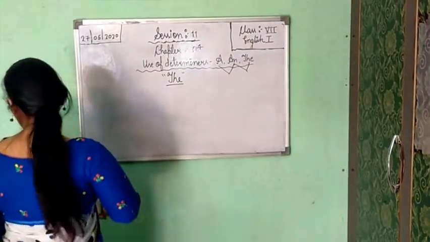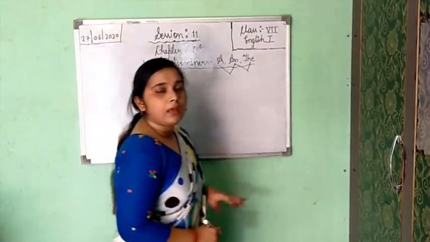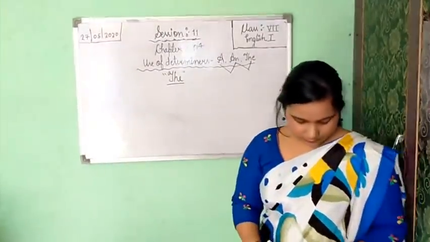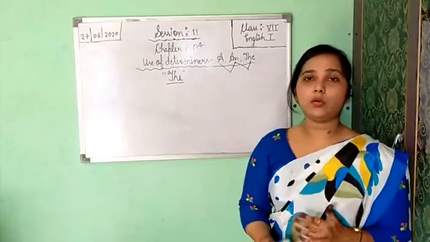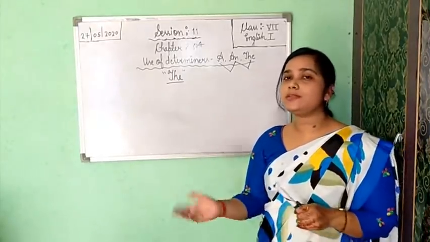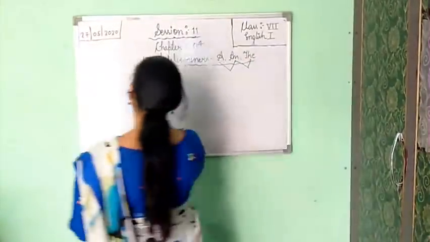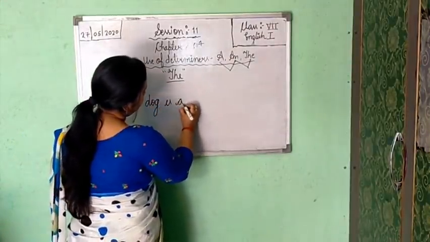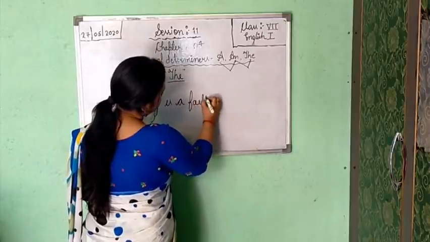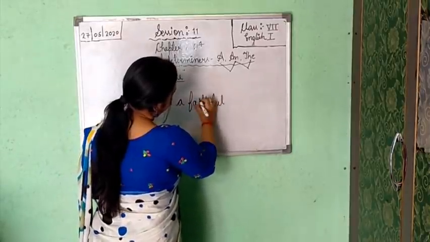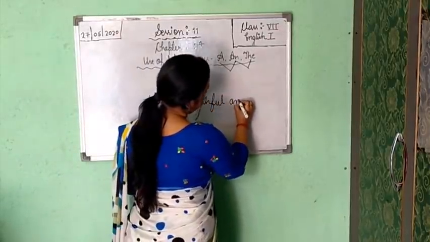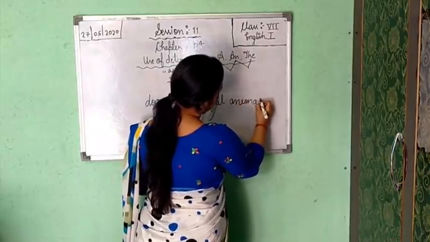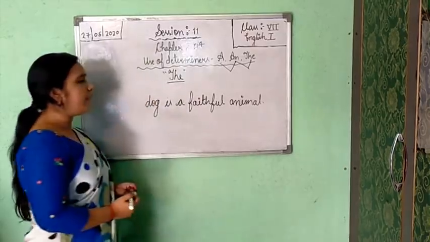Next is for representing a whole class. If a noun is representing the whole class, we will use "the" before that. For example, the dog is a faithful animal.